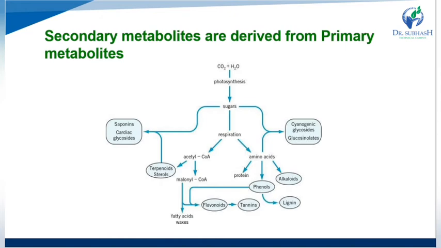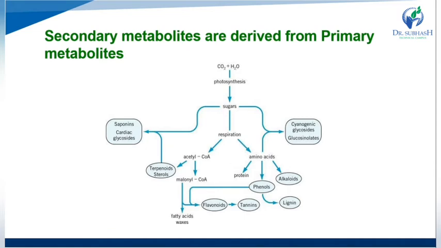Phenols and malonyl coenzyme A combine and give flavonoids and tannins. And phenols give lignin. So this is how secondary metabolites are derived from primary metabolites.